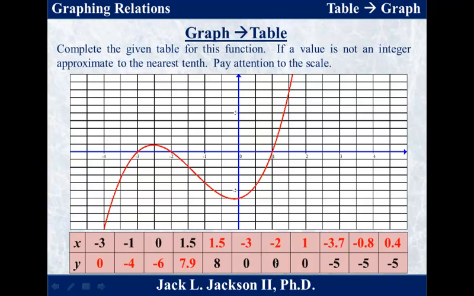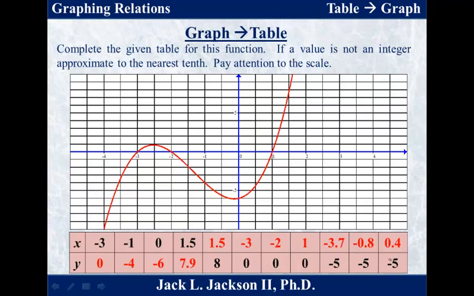When y is 0, that means it's on the x-axis. Now this time there are 3 places where the graph crosses the axis. Here, here, and here. So this actually generates 3 points. -3, 0, -2, 0, and 1, 0 are our ordered pairs.